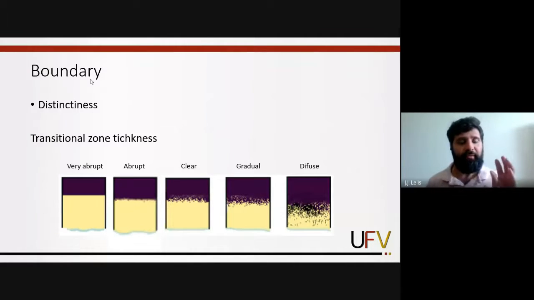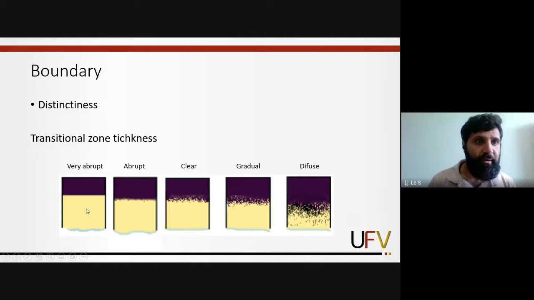And we always describe the boundary between an upper horizon and the bottom horizon. Okay, always. We don't describe the boundary between a bottom horizon and a subsurface horizon; in this example, this purple horizon, we just always go down the description. Always we describe the upper horizon and the boundary with the bottom horizon, okay?